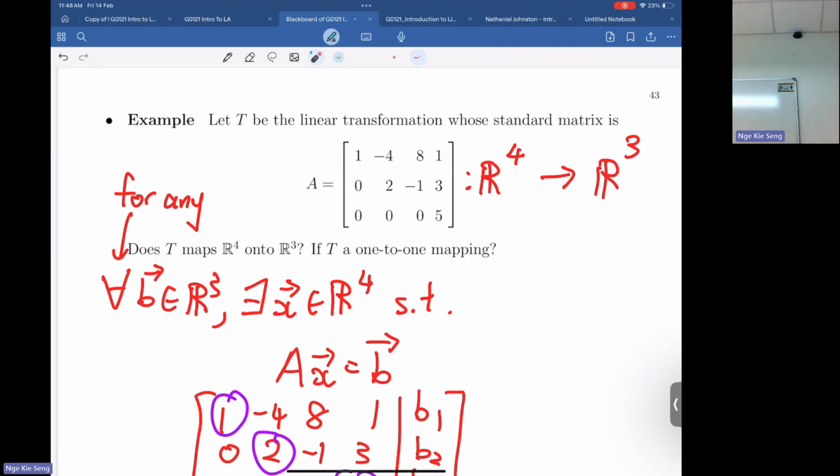I mean, for every x, you need to either tell me nothing gets mapped to it or there's at most one thing. But to see that it is not one-to-one, what do you need to do? Find one point in your codomain such that there is more than one pre-image.